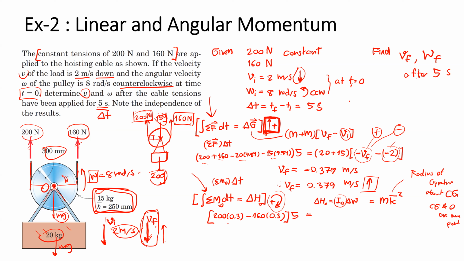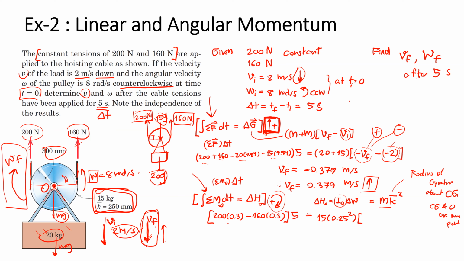So the mass of the pulley is 50 kilogram, radius of gyration 0.25 meter squared, and delta omega, the final omega. I assume omega final to be in the clockwise direction.